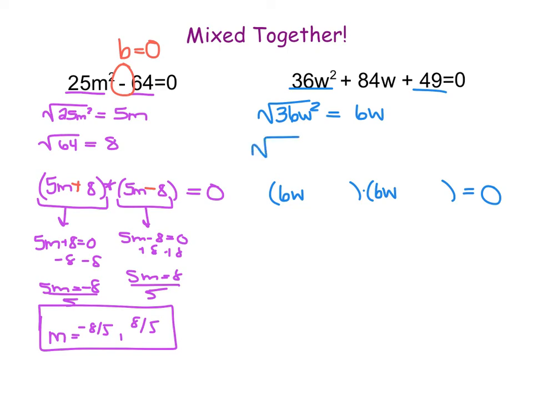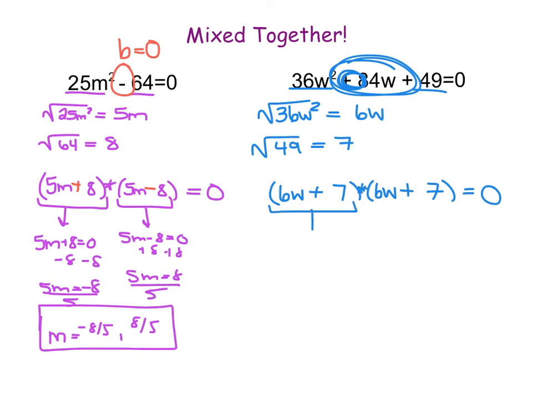Then we square root the 49, and we get 7, so that goes in the second part of our parentheses. And then because this middle term is positive, we're going to put 2 positive signs inside of those parentheses. So then from here I can utilize the zero product property because I have something times something equals 0. So I set each part equal to 0.